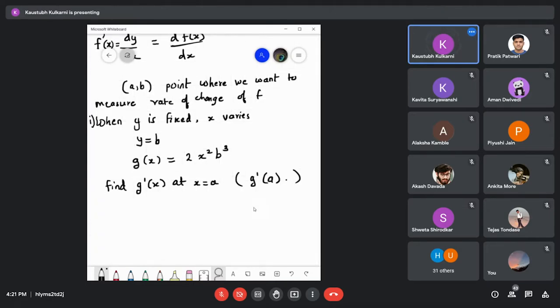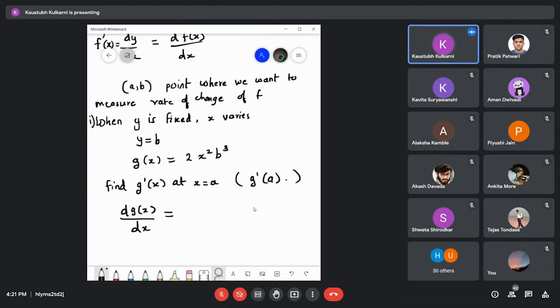Now the derivative of this function is, for this module you will have to revise the rules of derivatives and the basic formulas of derivatives. I will share a sheet with you regarding the basic formulas and the rules.